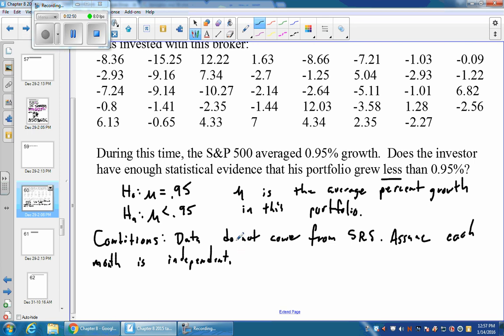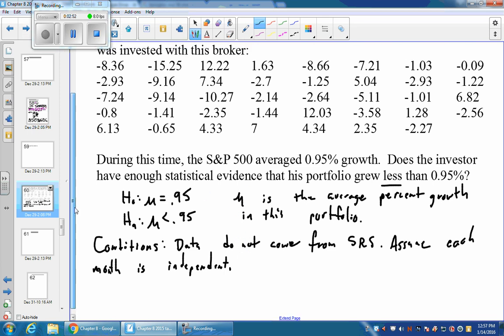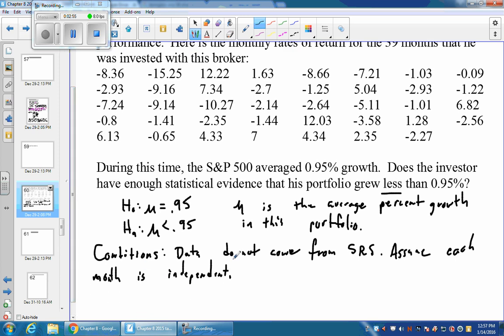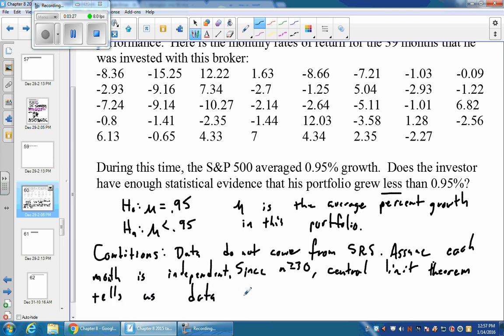So we'll just have to assume it. And for normality, there are 39 months. 39 is more than 30. So since n is greater than or equal to 30, we assume the data are approximately normal by the central limit theorem.